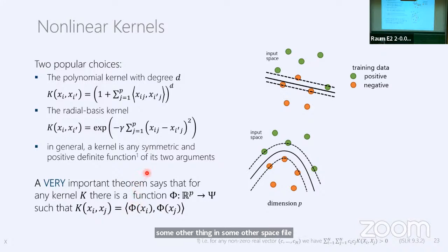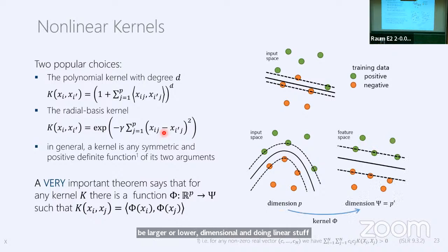So I have my normal space, I take dot products here. If I apply another similarity function like the RBF or the polynomial kernel, it's equivalent to going to some other space, which could be larger or lower dimensional, and doing linear stuff there.